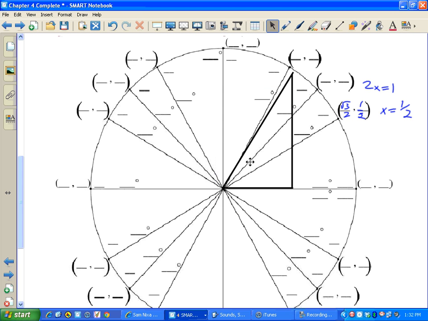So if I put that here, so I'm a little off, but now this is my 60-degree angle, which we know is this line here. So if you remember, this was my 1/2. So now my x value of this point is over half. And now my height, my y value, is the square root of 3 over 2.